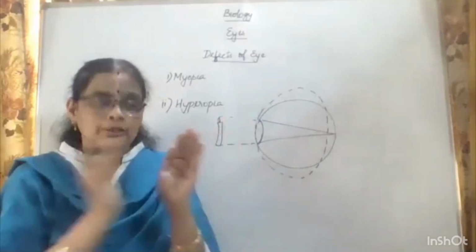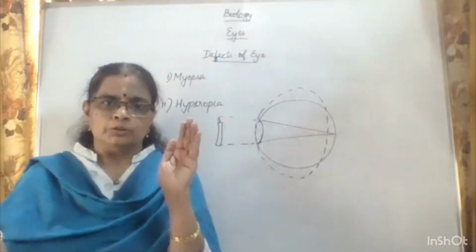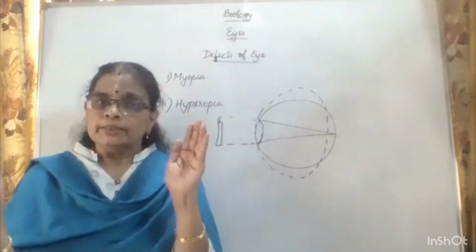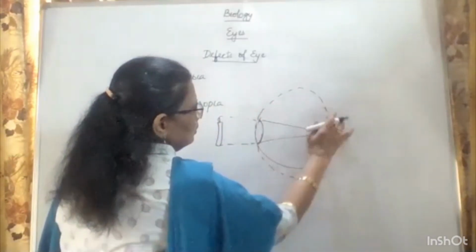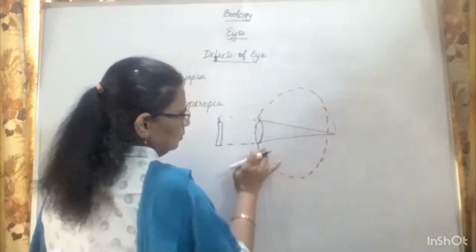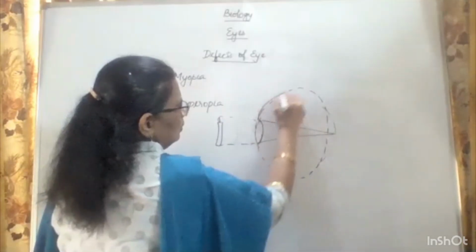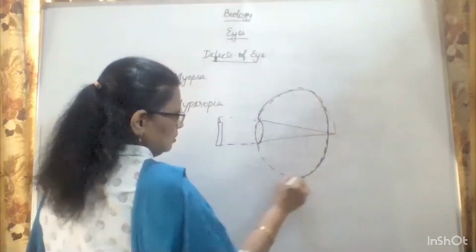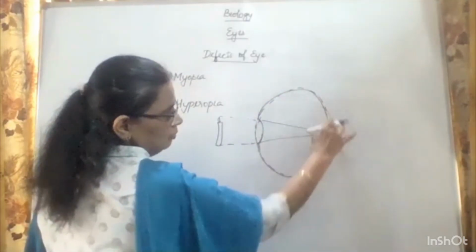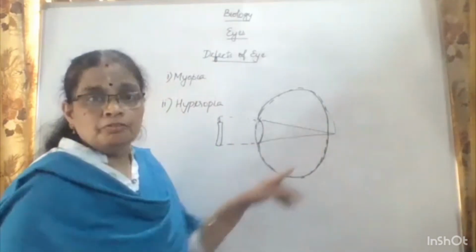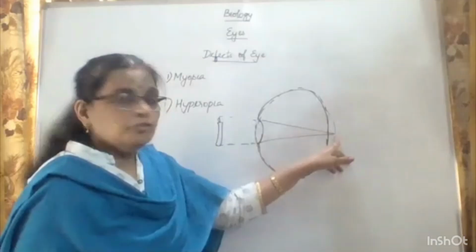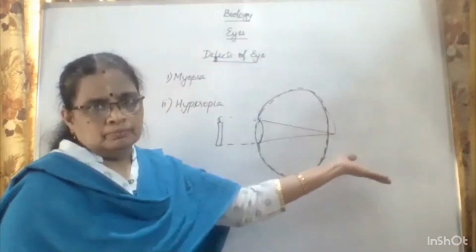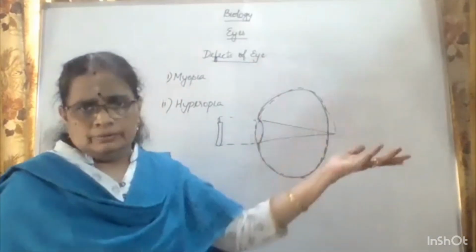In myopia, it was lengthening from front to back. In hyperopia, it is shortening. So when it shortens, what happens? The eyeball is like this. Where is the image formed? Here is the retina for that hyperopic person. The image is formed after the retina, so it is not clear.